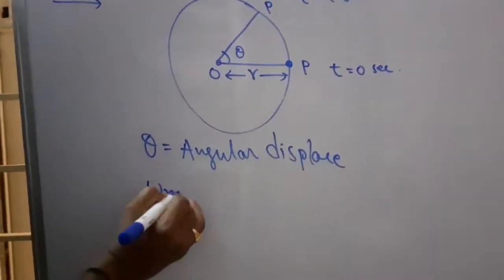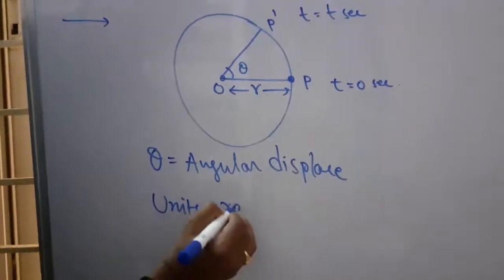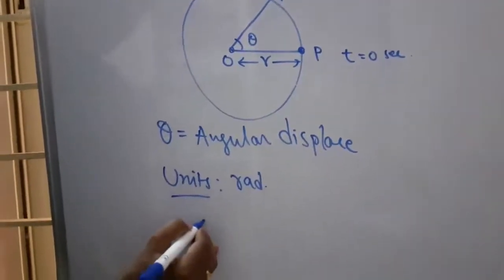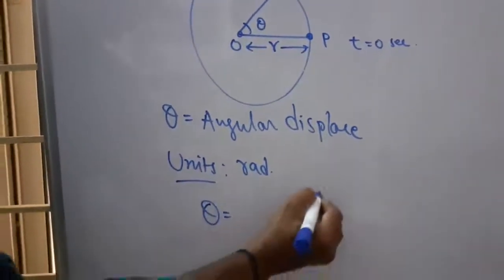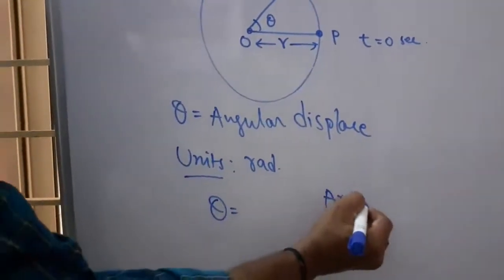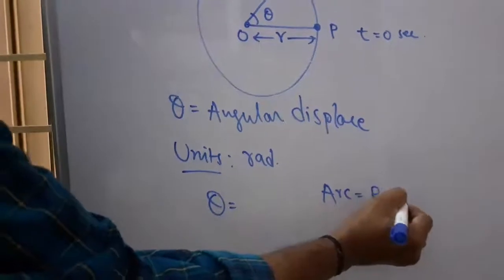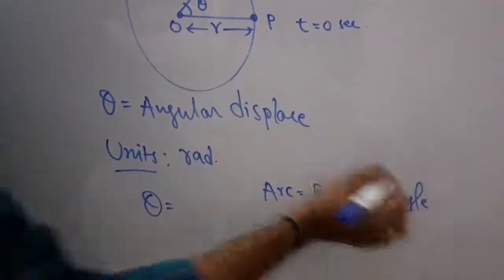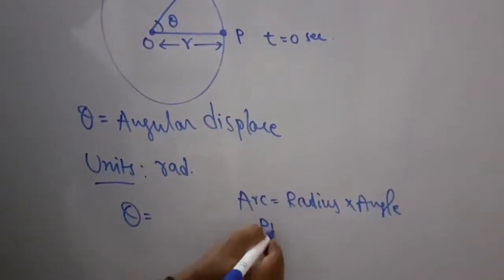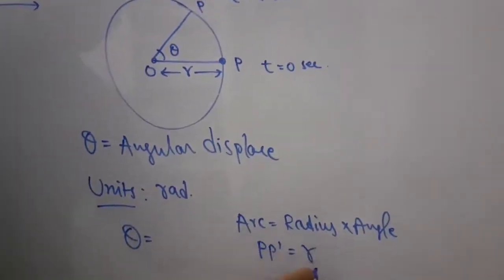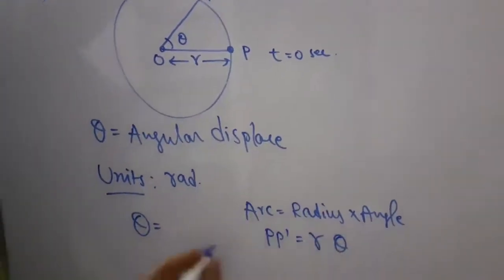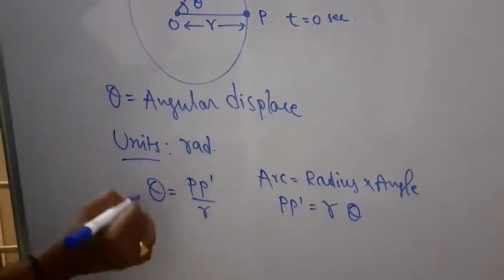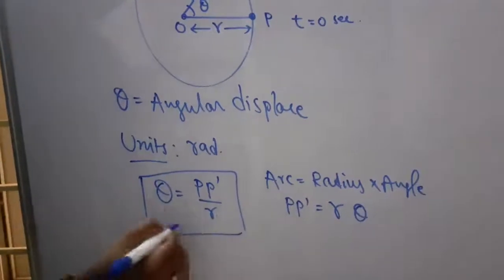Angular displacement means the angle described by the rotating radius vector at the center of the circle. Its unit is radians. The formula is arc equals radius into angle, so arc is P dash, radius is R, angle is theta, where theta equals P dash divided by R, arc by radius.